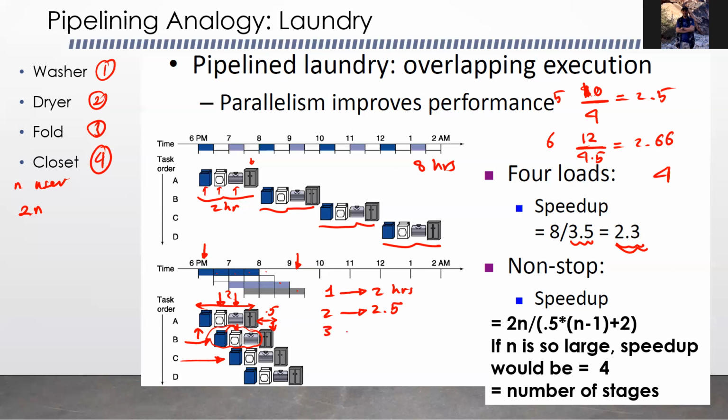With 3 users, you have 2 hours for the first user, another half an hour for the second user to finish, and another half an hour for the third user to finish, which is 3 hours. For 4 users, it will be 3.5. For 5 users, 4 hours, and so on.